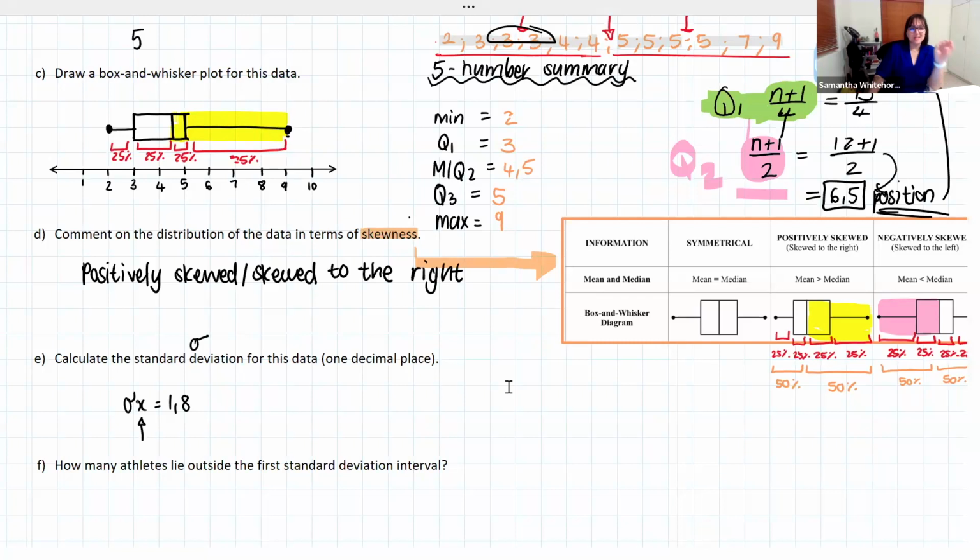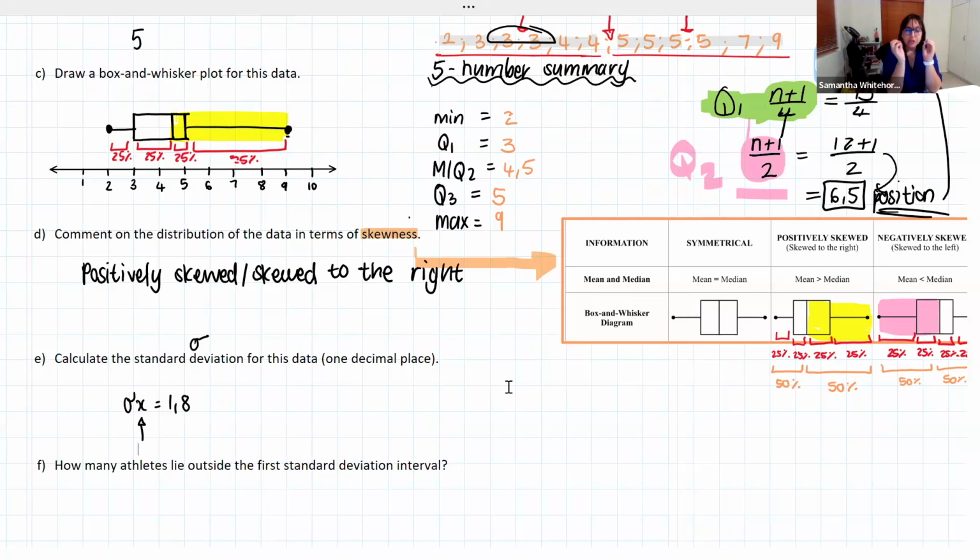So within one standard deviation interval means, now remember we said standard deviation is the measure of spread of our data set about the mean. So here's your mean, your standard deviation, an interval on either side is one standard deviation above, one standard deviation below. So you would add a standard deviation, subtract standard deviation, that is one or the first standard deviation interval.